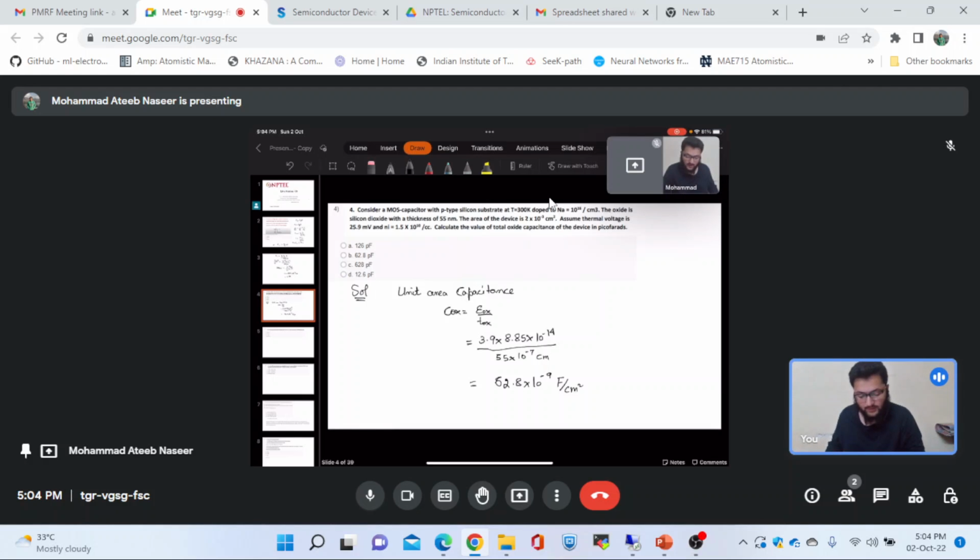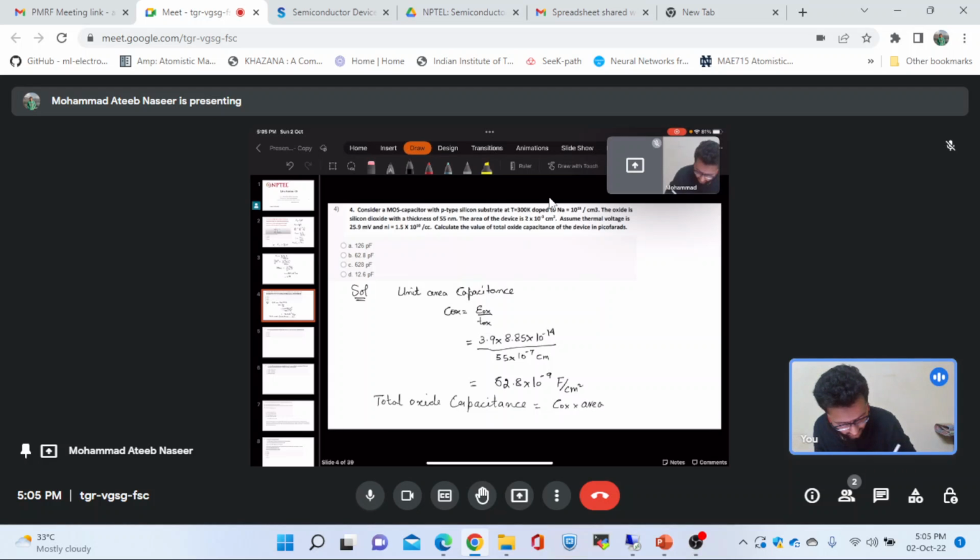But we have been told to find the total oxide capacitance. So this total oxide capacitance will simply be the oxide capacitance per unit area multiplied by the area.